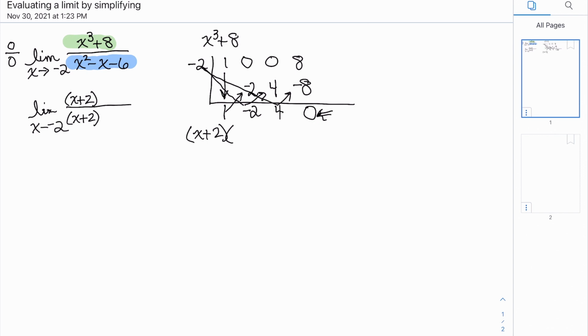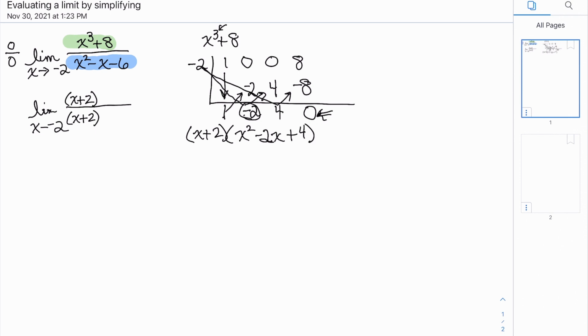So my factors are x minus that -2, that x plus 2 that we already wrote down, and then the remaining factor is in descending order. My power of my numerator was power 3, but I factored out an x to the first. So I'm going to have an x squared term, and its first coefficient is a 1, so I have 1x squared. Then I have minus 2x, and then plus 4.